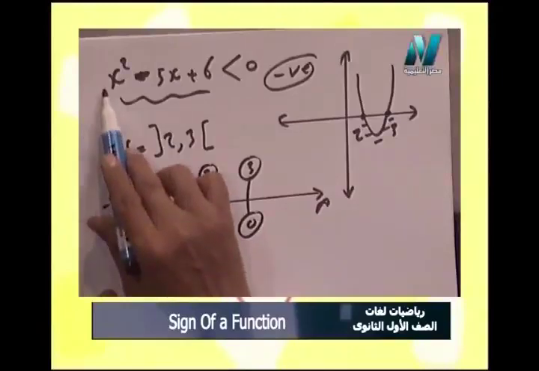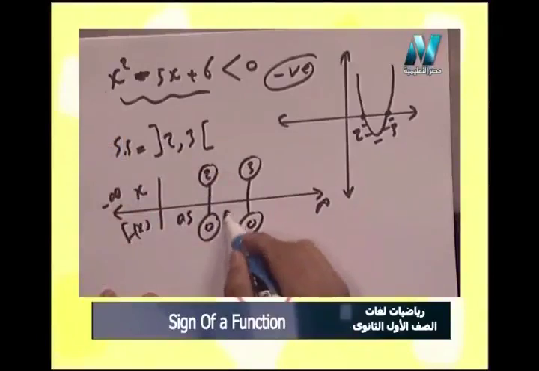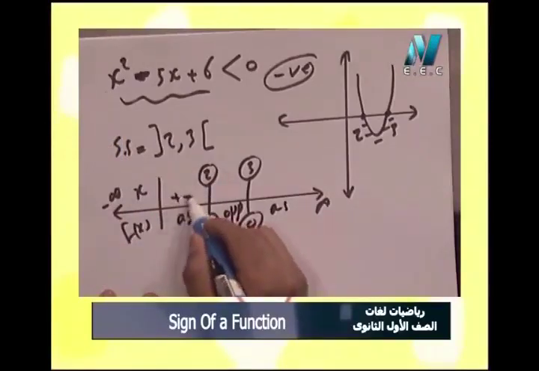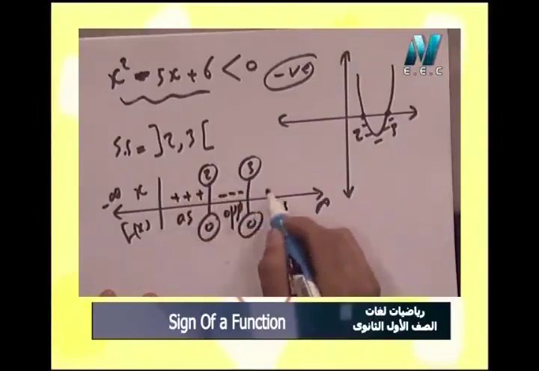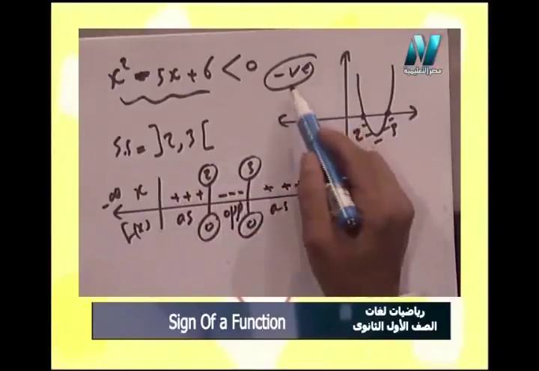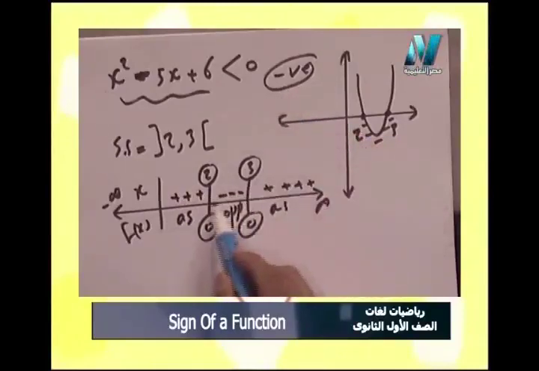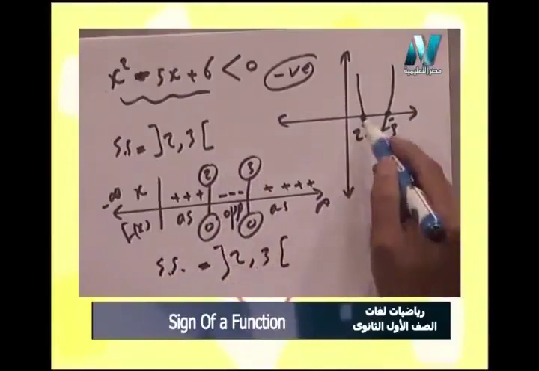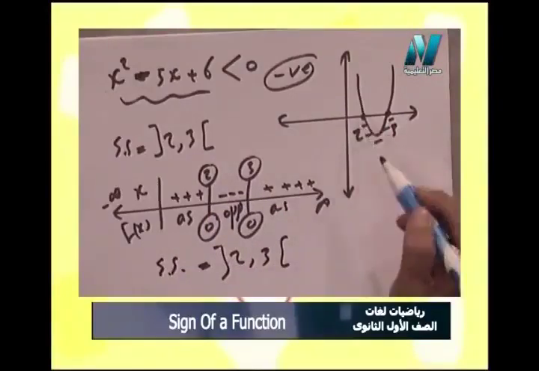As the coefficient of x power 2, opposite, as. So it's positive here, negative here, and positive here. And we would like to find the negative part. The negative part is between 2 and 3. So the solution set, as we said before, is 2 and 3, open at 2 and open at 3, because at 2 the function will be 0, not negative.